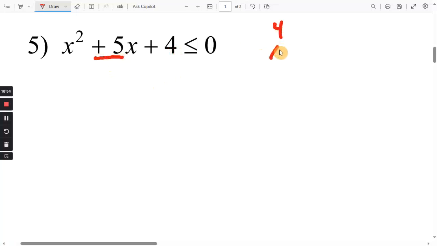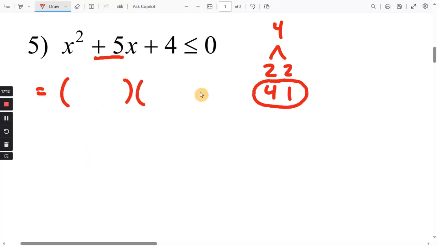So the factors for 4, 2 times 2, 4 times 1, and already I can see there is a pair of numbers that adds to 5. All right. So 2 binomials here. X squared is going to be x times x. And we're going to use the 4 and the 1. Positive 4 and positive 1. Okay. And that's going to be less than or equal to 0.